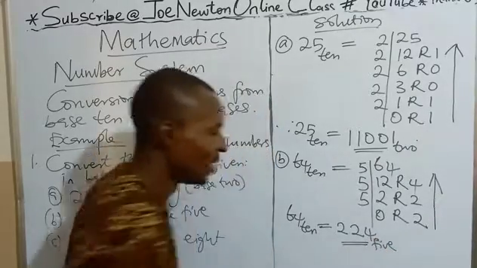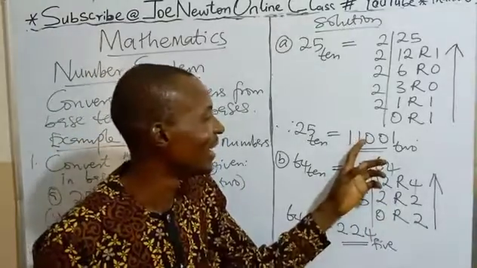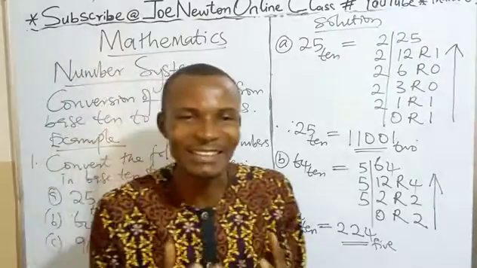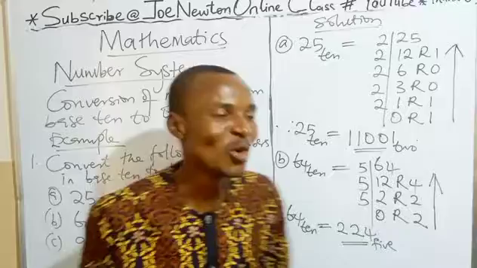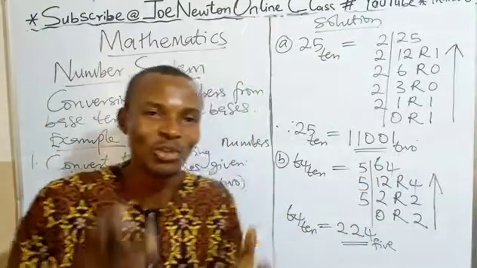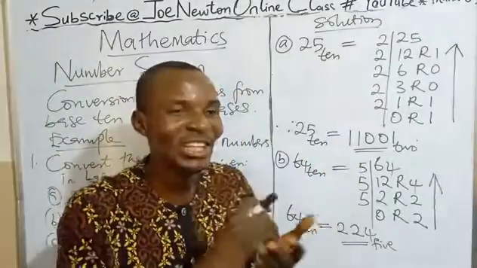Note, please never try to call this thing eleven thousand and one. No, we call the number digit by digit because it is less than denary. It is not up to denary, that is the whole natural number in base 10. So any number you write in other bases is less than denary, that is base 2, base 3 to base 9. These numbers, you call their values in digits.